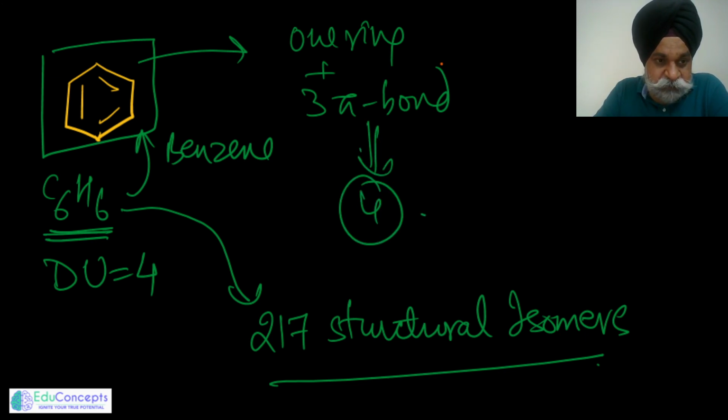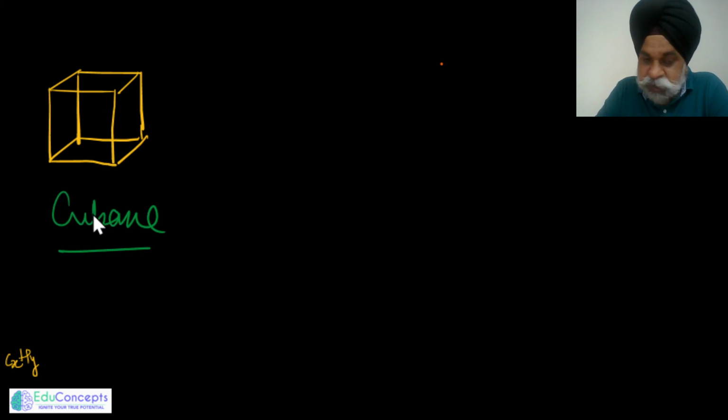I am leaving you with one important question which I am going to discuss in the next class. You have to tell me the degree of unsaturation for this compound which we call cubane. If I start discussing this, it would take another 10 minutes. So in the upcoming session I am going to discuss it.